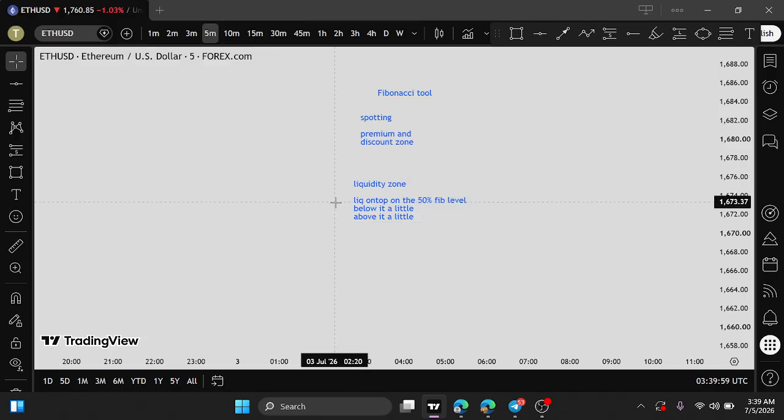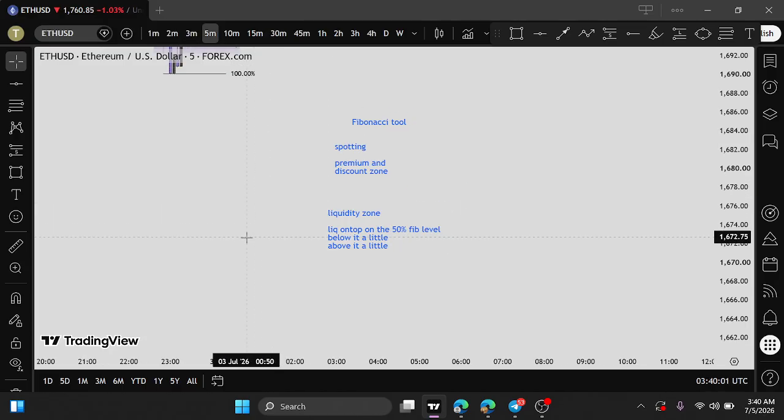Now, these are the rules that guide how you use your Fibonacci. You can see the first way we said to use it is spotting your premium and discount zone, and the other is your liquidity zone.